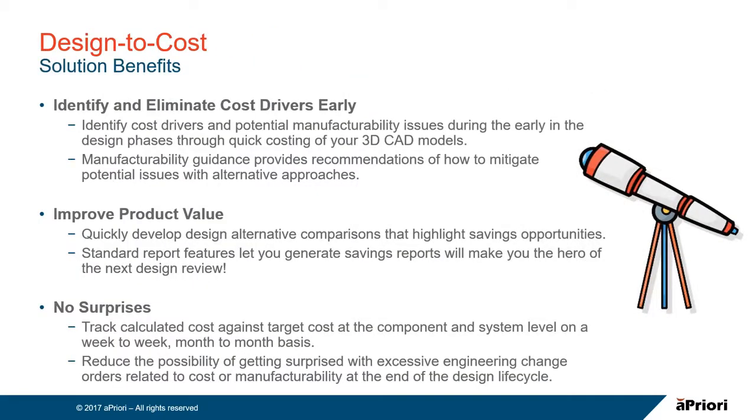So when we look at the design to cost solution benefits, it's really addressing those questions within the functional domains that we talked about. So it's the ability to identify and eliminate cost drivers early in the engineering process before anything's been manufactured. So if we can understand those potential manufacturability issues or where we may be driving cost into the product, that gives us the ability to proactively take action on it, right?